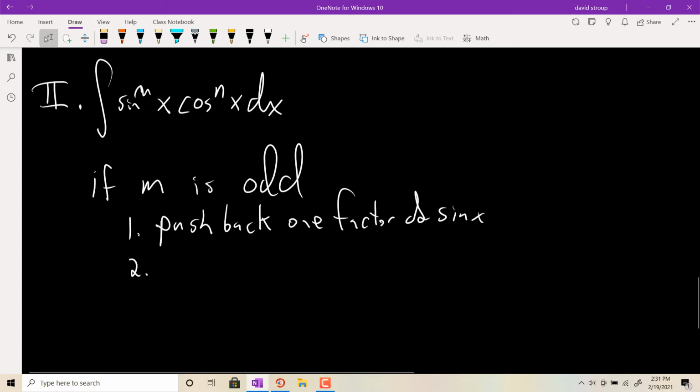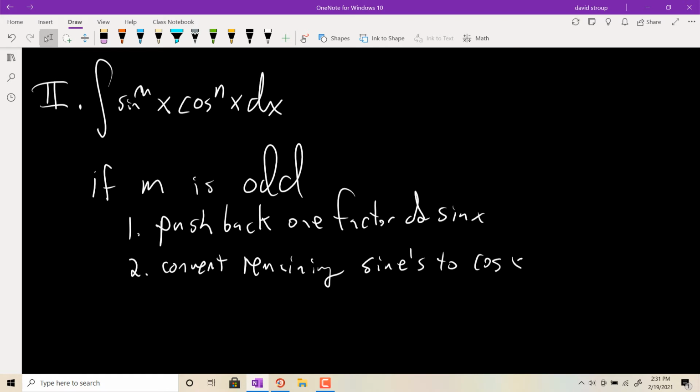So you're going to do a u sub on cosine eventually, but before you do that, you're going to convert the remaining sines to cosines, because you're going to have an even number of sines at this point. You can use our Pythagorean identities, right?